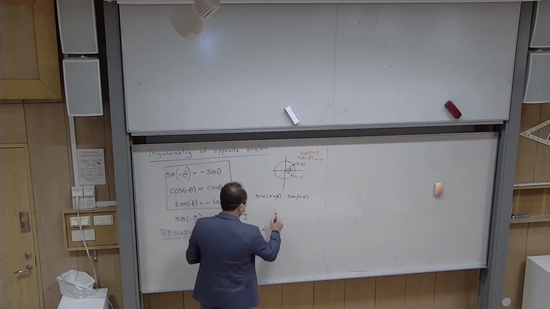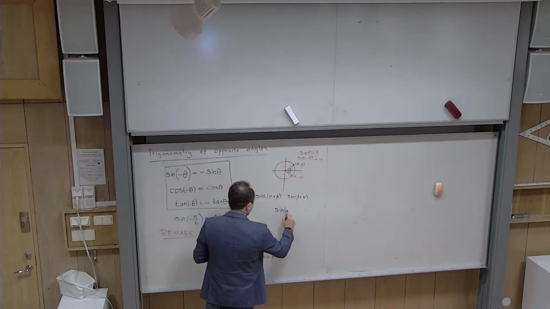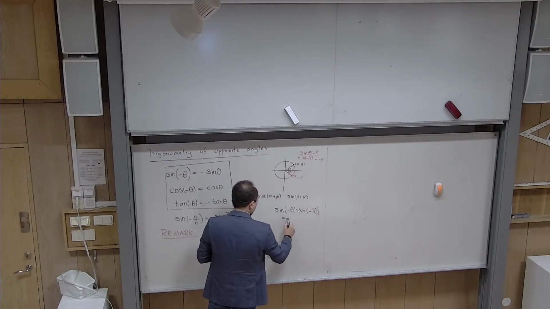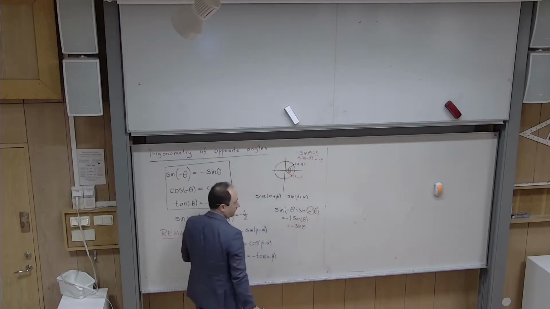For example, you can say that sine of minus theta can be viewed as sine of minus 1 times theta. And then what I am saying is that minus 1 goes out, and you can write minus sine theta. But that is completely exceptional. That is only for minus 1.